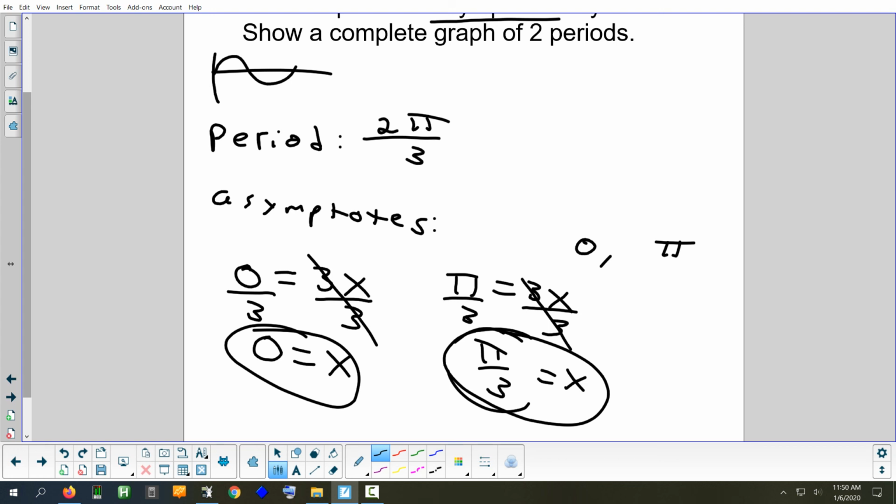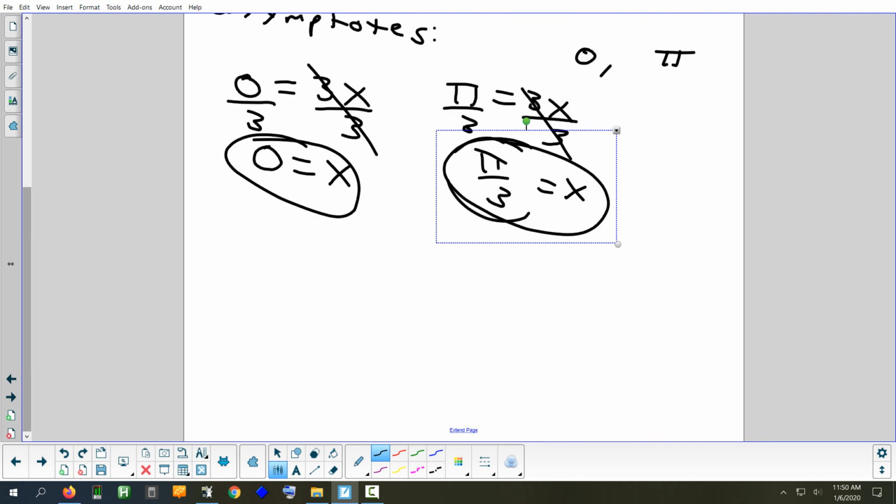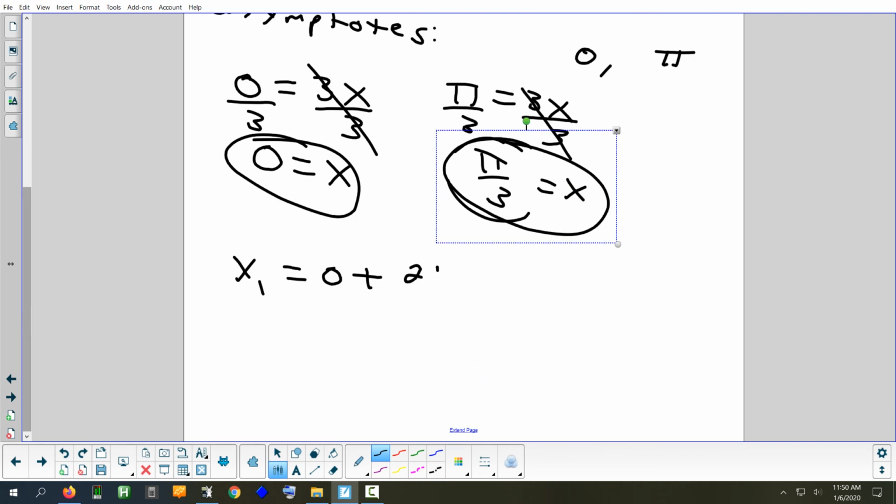Every period. So this asymptote is going to reoccur every period. This second asymptote is going to reoccur every period. So the asymptotes are 0 plus every multiple of the period, 2 pi over 3n. And the second asymptote starts here, but it also will repeat every multiple of the period.